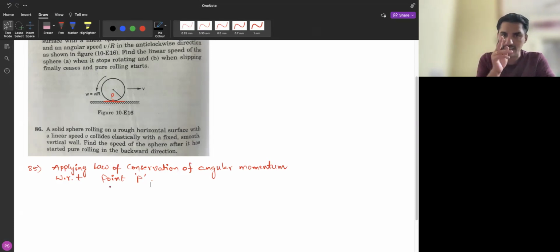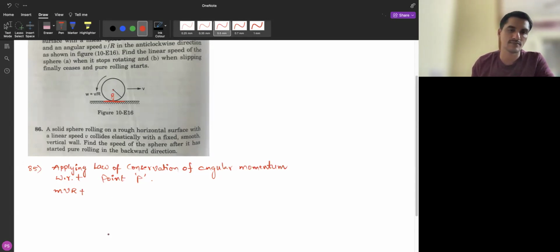If we consider the translatory motion of that sphere, it is moving with velocity V, the velocity of center of mass V. Then we can say the angular momentum with respect to point P is simply m v R, because the perpendicular distance from point P is R. Am I right or not?